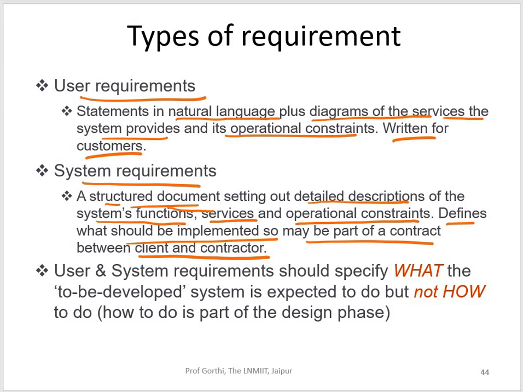User and system requirements should specify what the to-be-developed system is expected to do, but not how to do it. How to do it is a part of the design phase. Right, that's the part of the design phase.